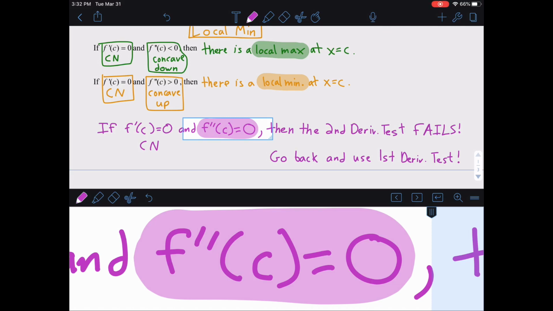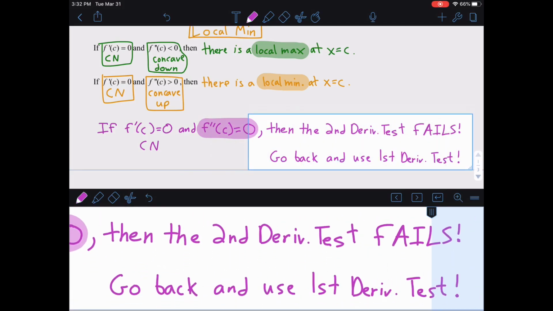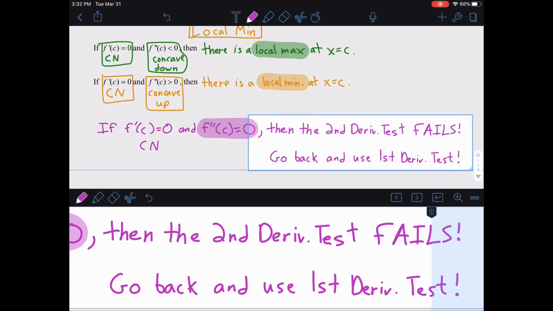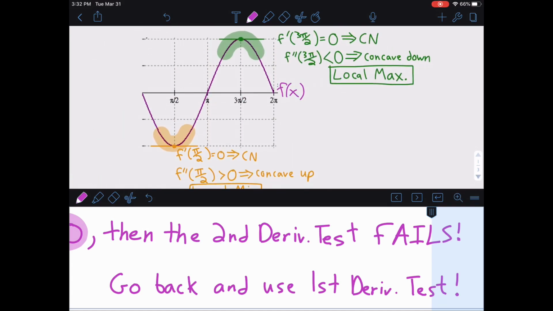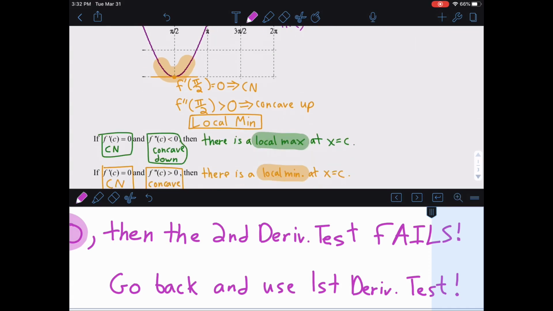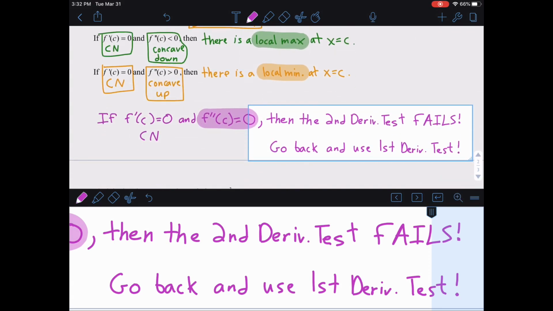We've talked about that in the past. But since we can't determine the concavity, we can't say that the graph is going to look like it does up here at pi over 2 or 3 pi over 2. So we can't say if it's a local max or min. So we have to go back and check those intervals. So this is the only downside to the second derivative test.